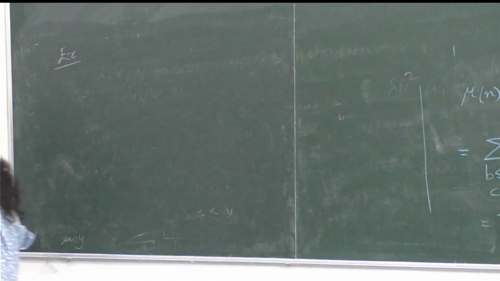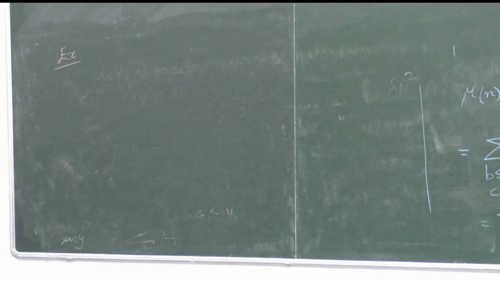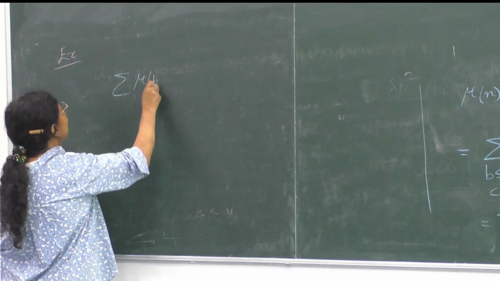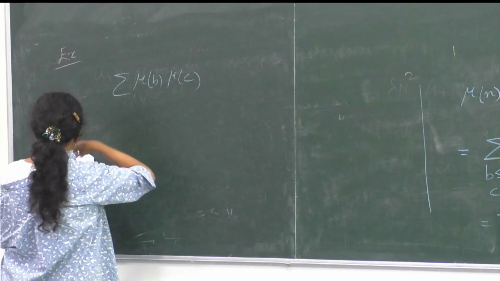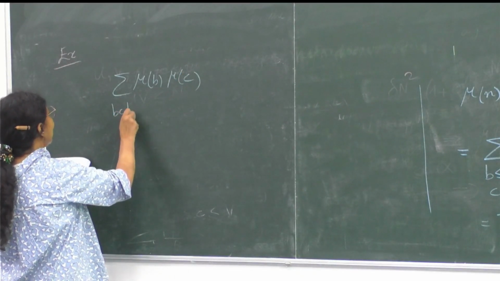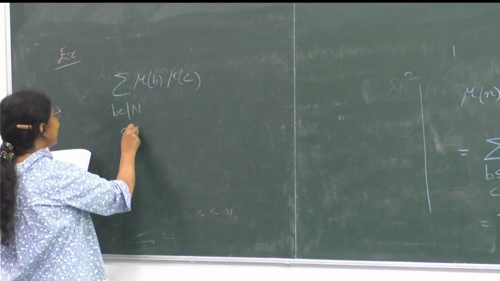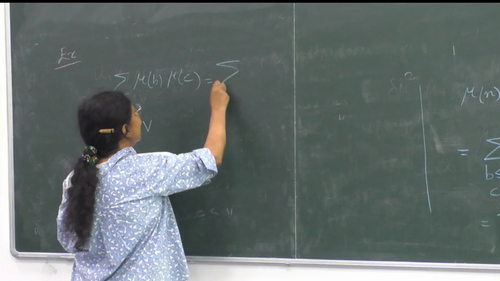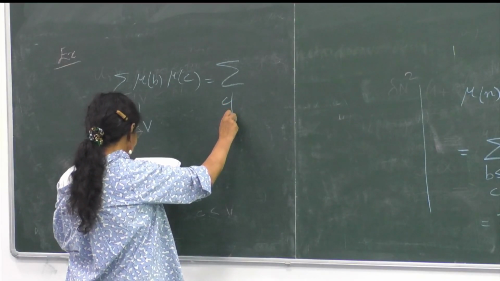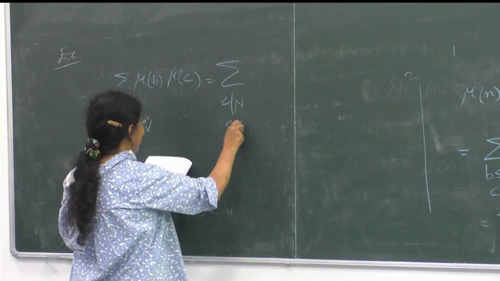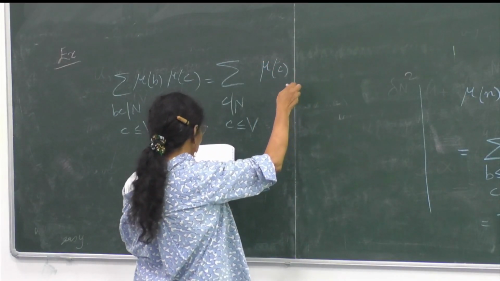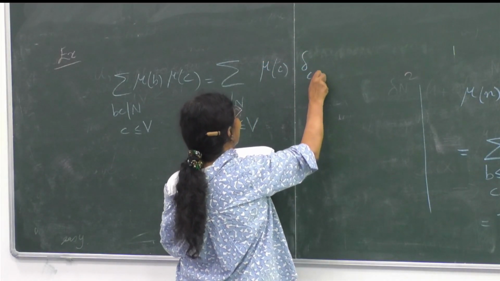So mu b, mu c, bc divides n. Then suppose c is less than or equal to v. This can be written as the sum over c dividing n, c less than or equal to v, of mu c, and then you can use, for example, the Kronecker delta, delta Cn.